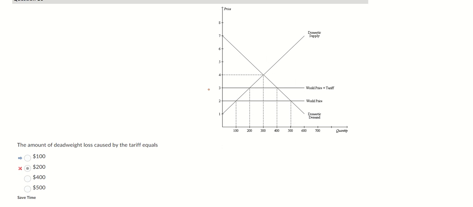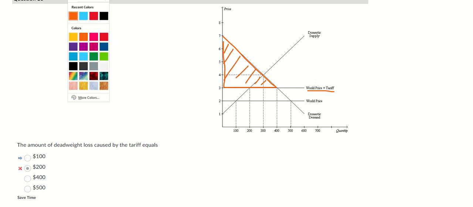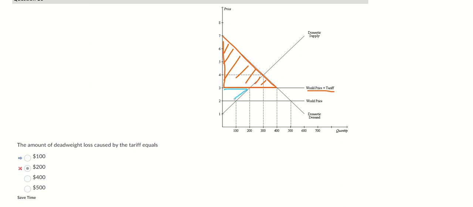Next one here. So the amount of deadweight loss caused by the tariff equals what? So let's label some areas. With the tariff, your consumer surplus will be this triangle. That's your consumer surplus. Let's shade it. Your producer surplus will be this triangle here.